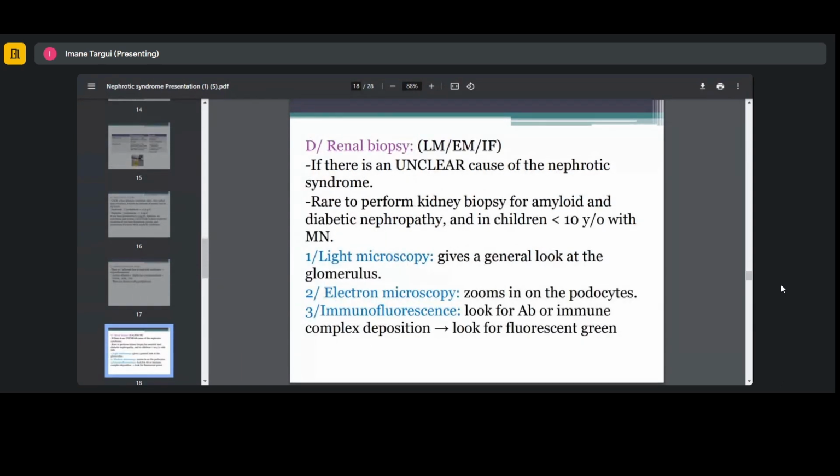We can do renal biopsy if there is an unclear cause of nephrotic syndrome. If we don't find the cause of this nephrotic syndrome, the last thing we do is renal biopsy.